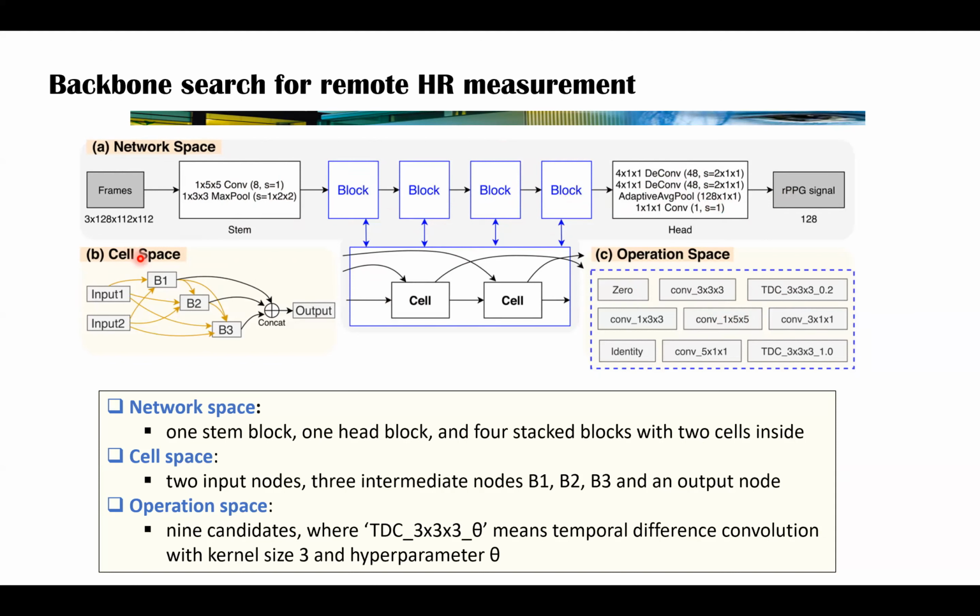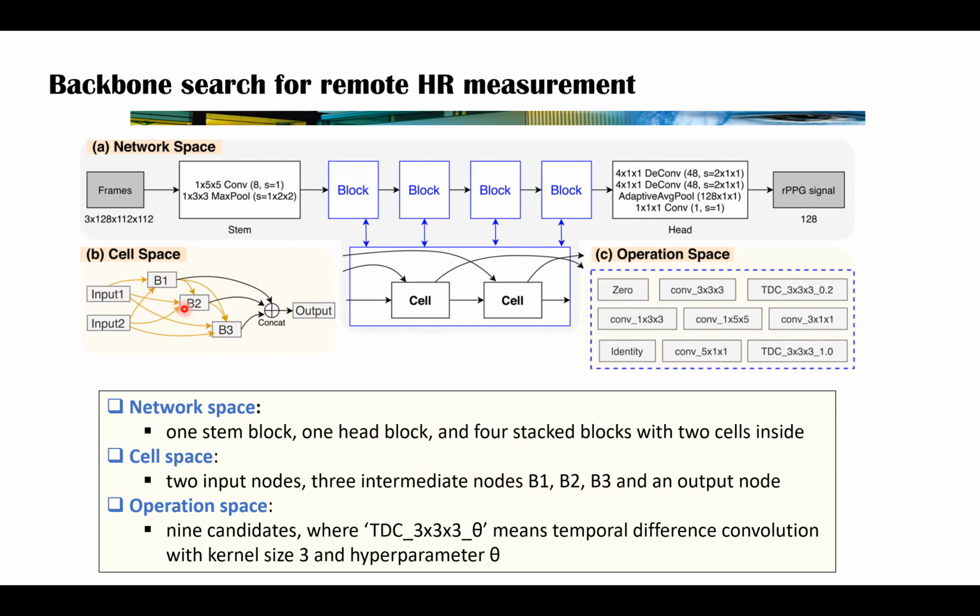And inside the cell space, we use 2 input nodes, 3 intermediate nodes and 1 output node to represent the node interaction. So our goal for the backbone search is to search for these 3 intermediate nodes, and for each node there will be some edges connected to it.